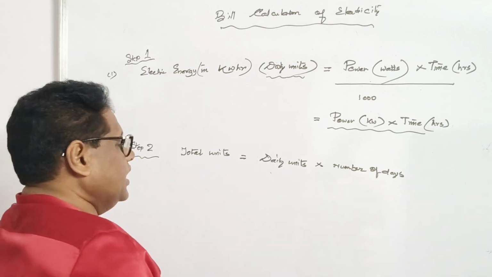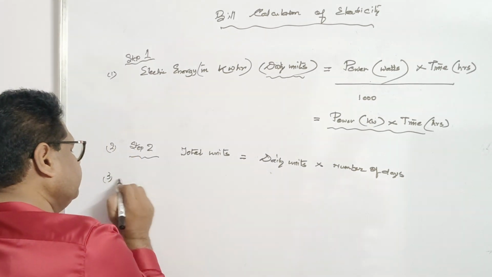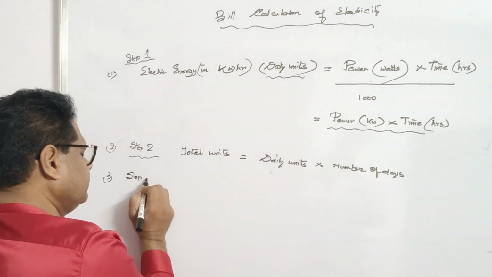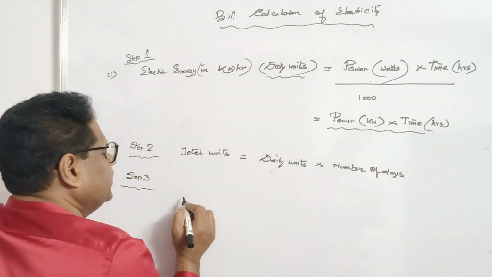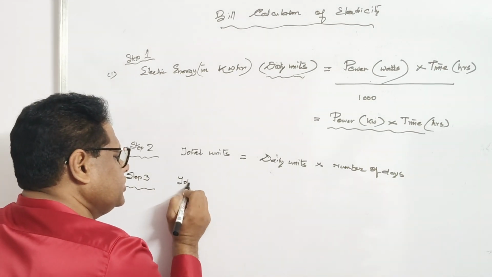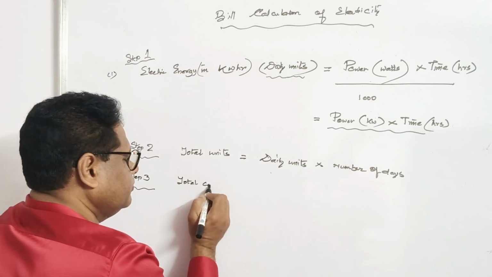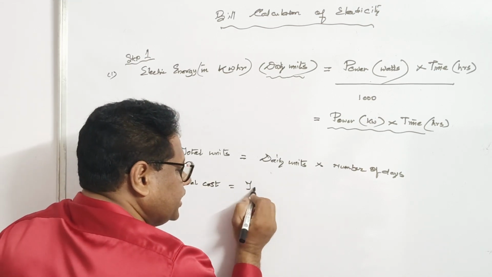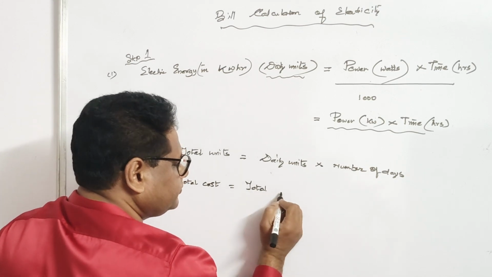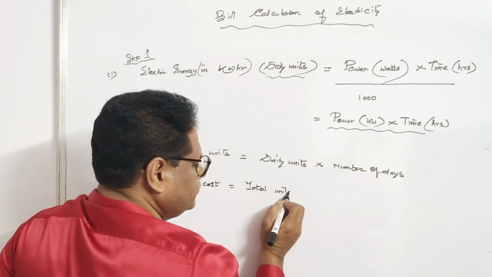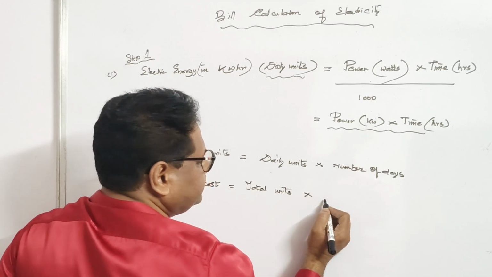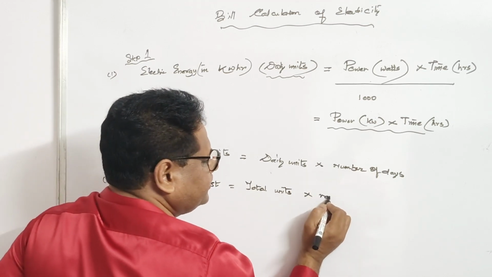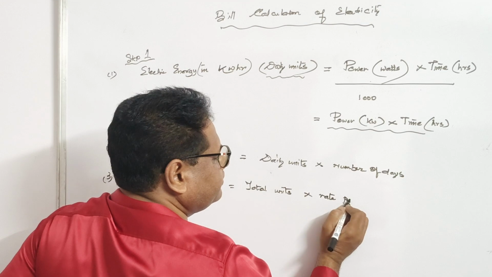Now step 3, that is the total cost. This equals total units multiplied by the rate per unit.